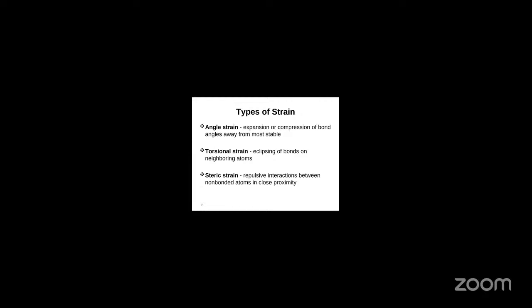Another one they're talking about is torsional strain. Torsional strain is the eclipsing of bonds by neighboring atoms. In your 213, you talked about staggered, eclipsed, and all those. That's what torsional strain is. When atoms are close together, they are bound to be more strained than when they are far apart. It's like being in a bus: when everybody is seated on their seat, you're more comfortable.